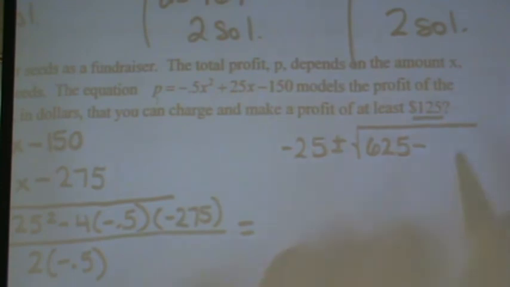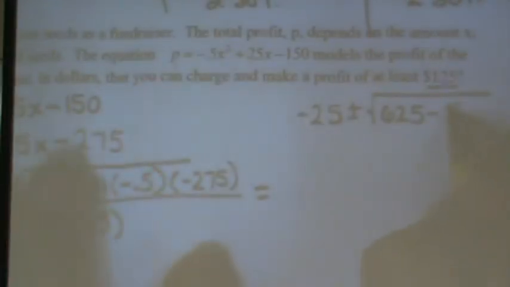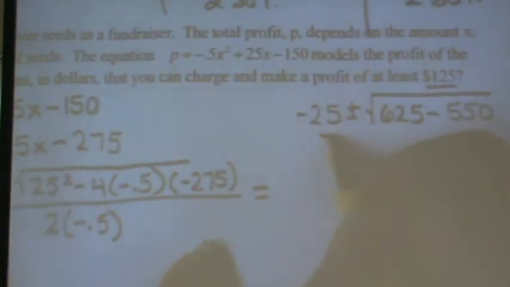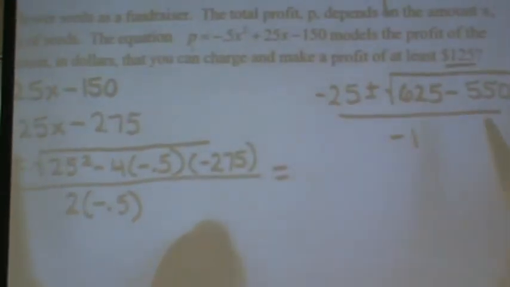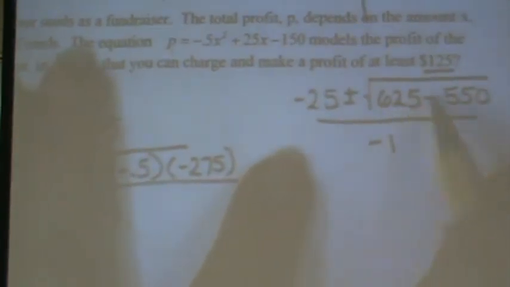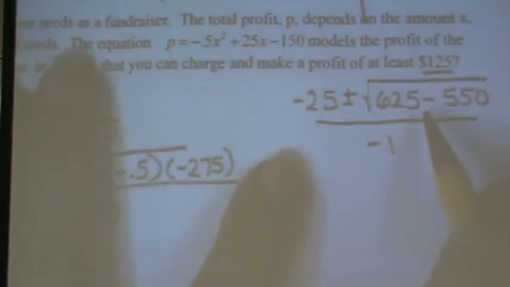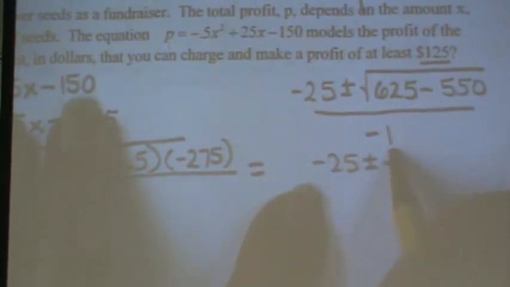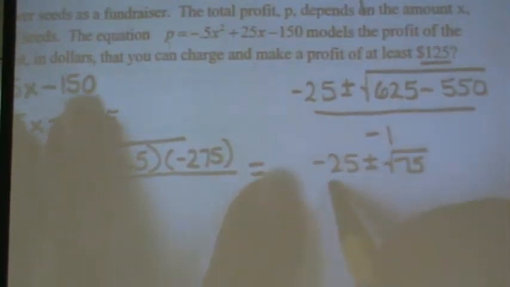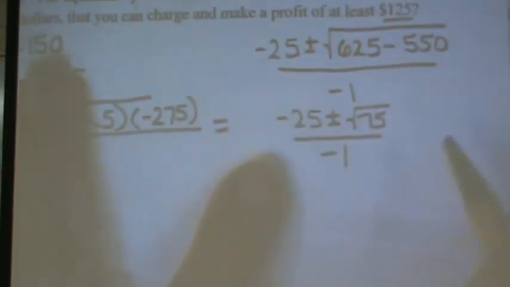And I get 550, but it's going to be a negative because we have 3 negatives, so minus 550 here. All over 2 times negative 0.5 is negative 1. So now we're going to do this right here, and you get 75. So negative 25 plus or minus the square root of 75 over negative 1.